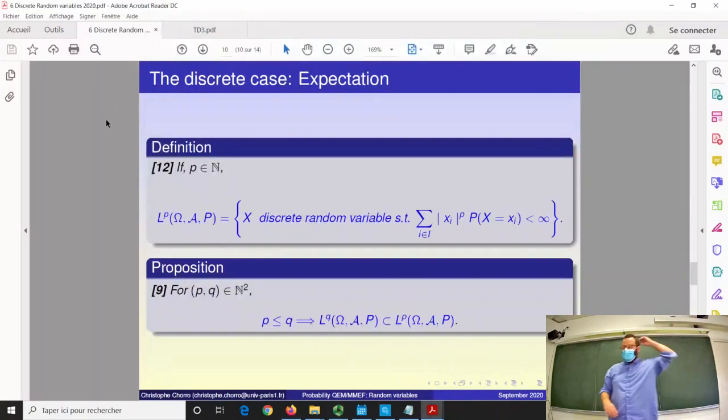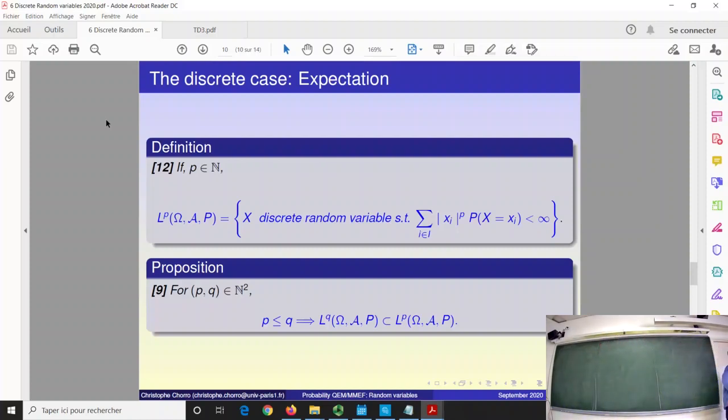Okay, so we are going to continue the course, and today we are going to be interested in the expectation of discrete random variables. That will be, you will see, a kind of generalization of the mean for numbers.